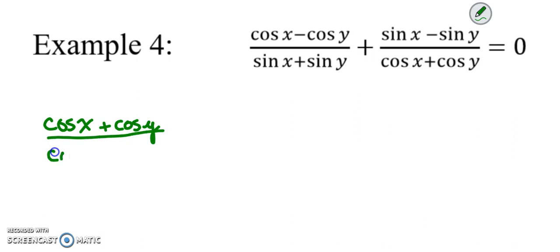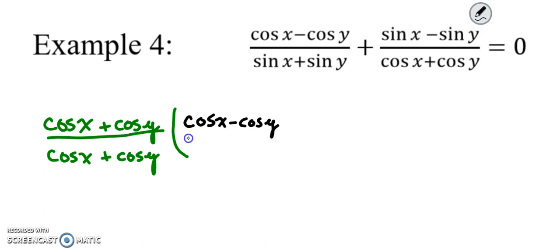This is our denominator for the right fraction, sorry. And this is our left fraction. And then for the second part, we're going to multiply this fraction here by our denominator here.